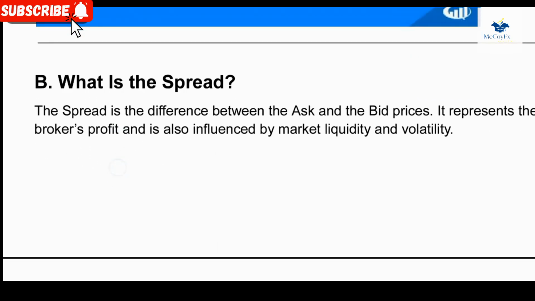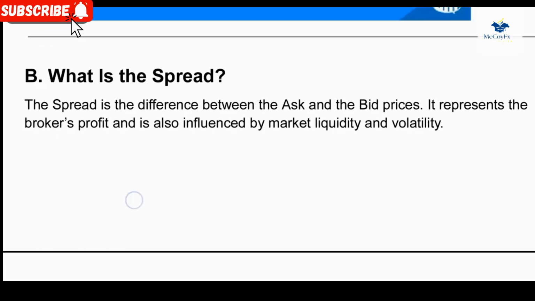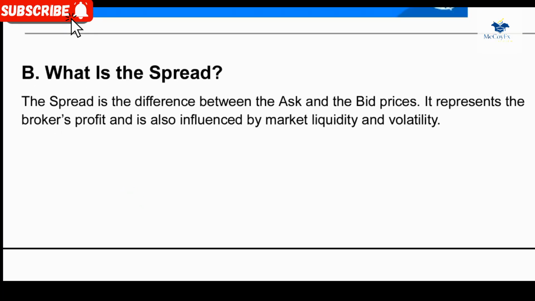Okay, B, let's talk about spread. What is spread? The spread is the difference between the ask and the bid price. It represents the broker's profit. It's also influenced by market liquidity and volatility. Let me read it again. What is spread? The spread is the difference between the ask and the bid price.